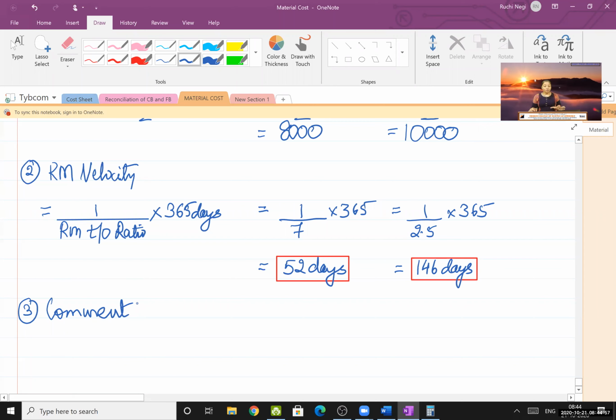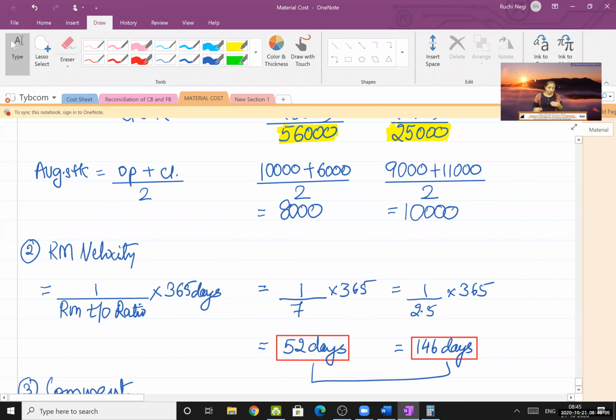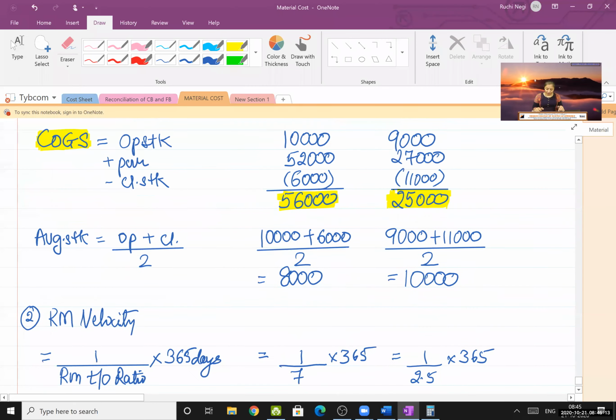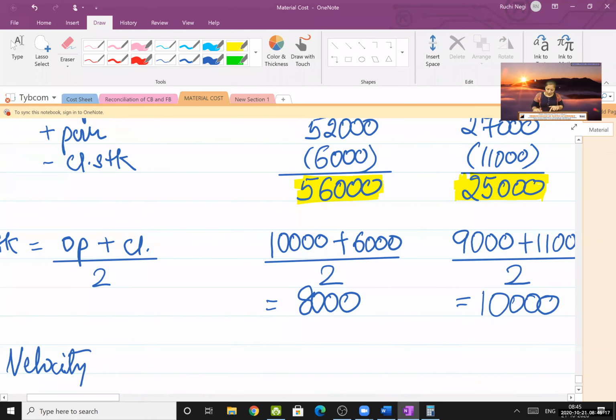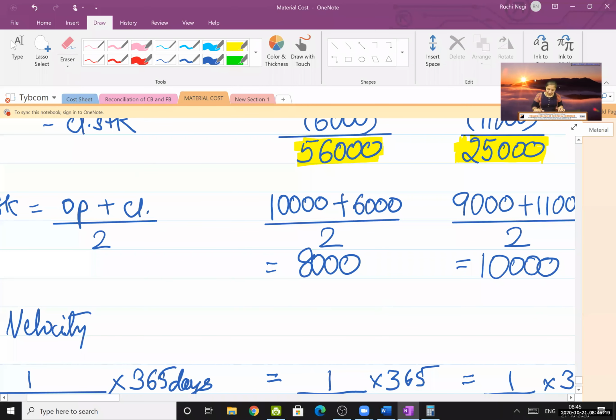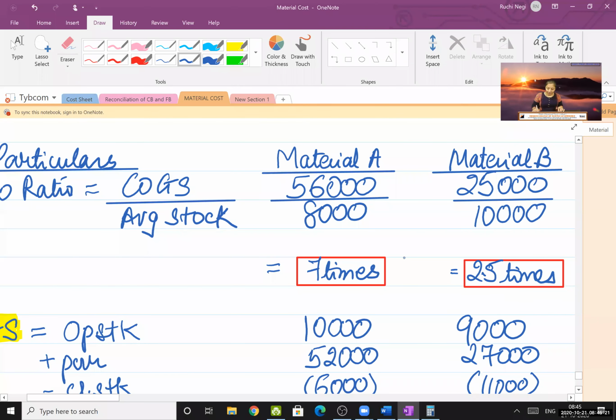So on the basis of velocity, if you compare these two, 52 days is less. And see, its velocity is lower. Okay, meaning in comparison to B, this is fast moving. It takes 52 days to convert into sales. See, the higher, 7 times and 2.5 times, what is higher?